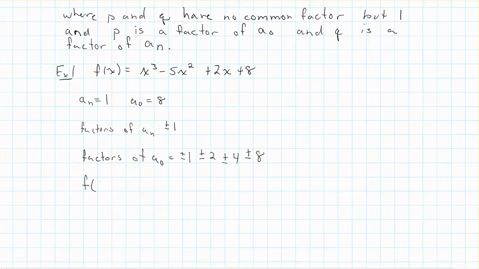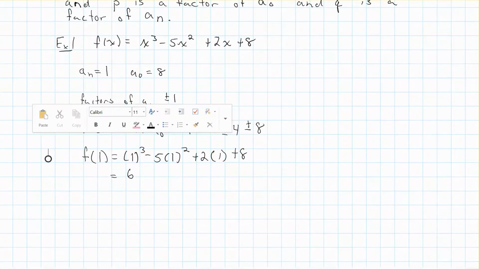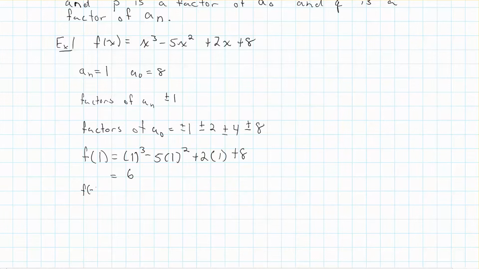So f at 1, well, this would just be 1 cubed minus 5 times 1 squared plus 2 times 1 plus 8, which would be 1 minus 5 plus 2 plus 8, which is 6. So clearly 1 is not a zero because I didn't get 0. Okay, well let's try f at negative 1.